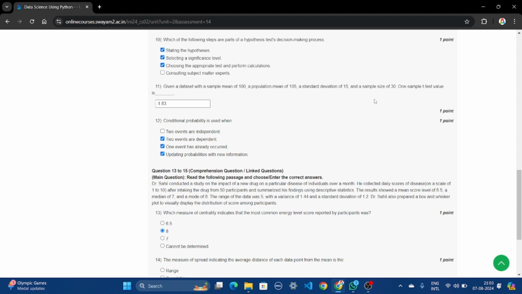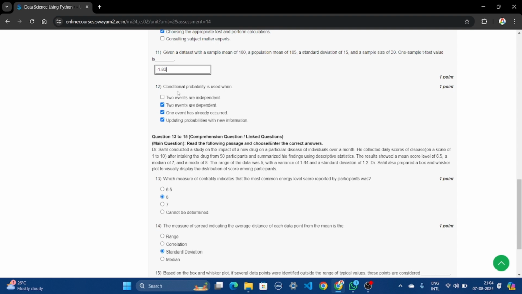So the formula for that is m minus mu divided by s divided by square root of n, which is 100 minus 105 divided by 15 by root 30, which gives the value minus 1.83. I already calculated it and it is the right answer. So we have to type it manually.